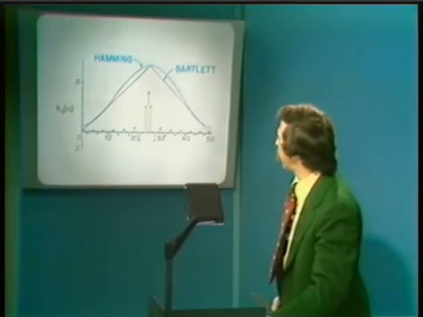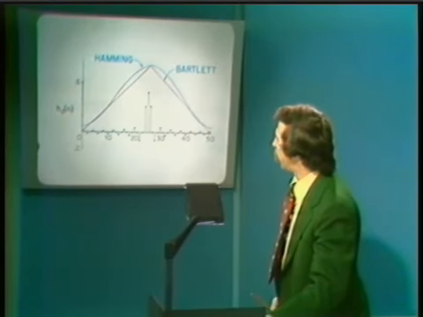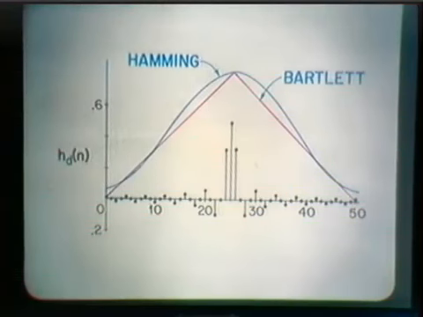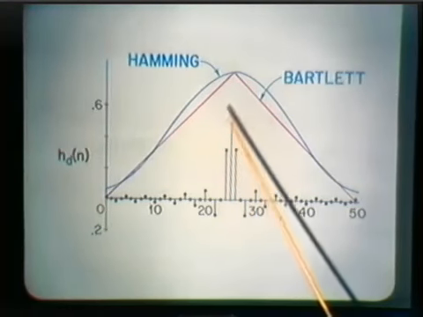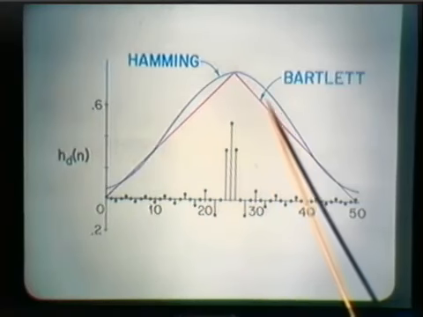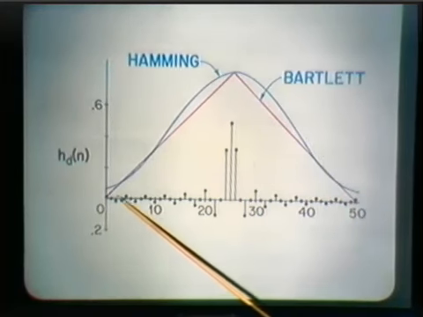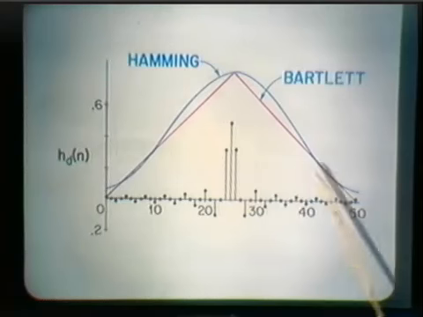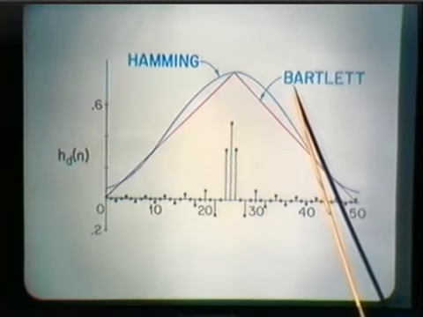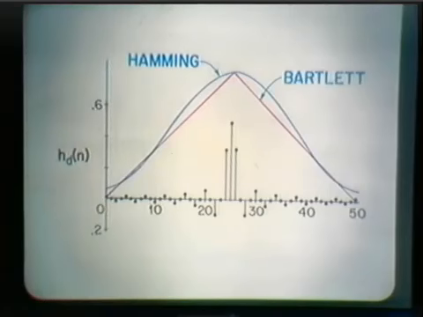In particular, two other choices that I'd like to mention are what are referred to as the Hamming window and the Bartlett window. As opposed to the rectangular window, the Bartlett window is a triangular window, which has the effect basically of making the transition at the ends of the unit sample response less abrupt than they are in the case of a rectangular window.